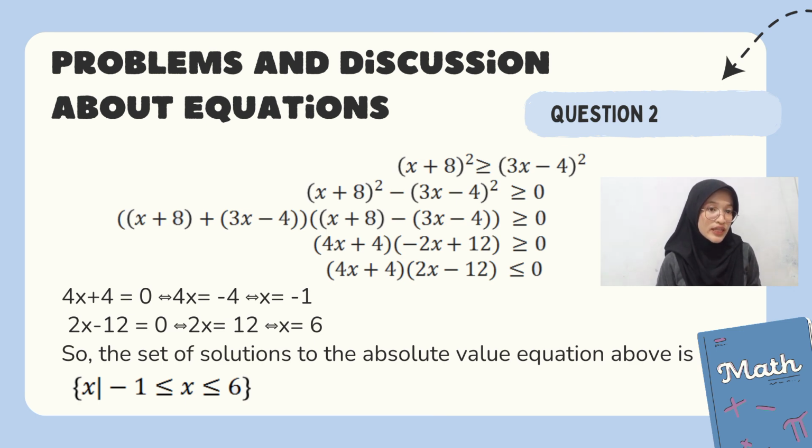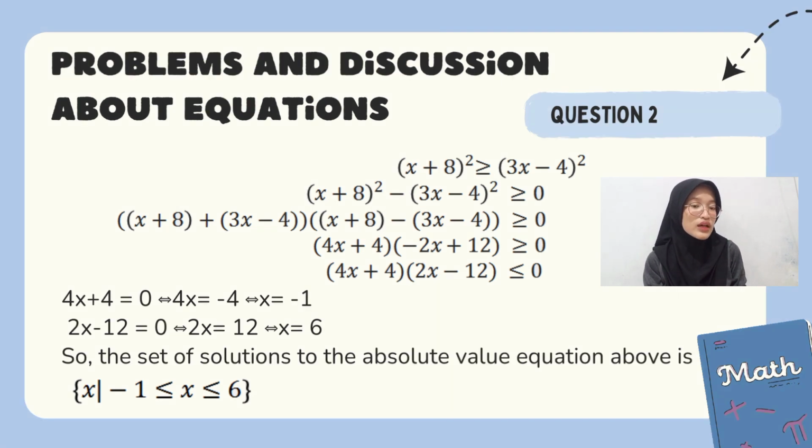So we get x equals minus 1, and 2x minus 12 equals 0, equivalent to 2x equals 12. So we get x equals 6. The solution set of the absolute value inequality above is minus 1 less than or equal to x less than or equal to 6.